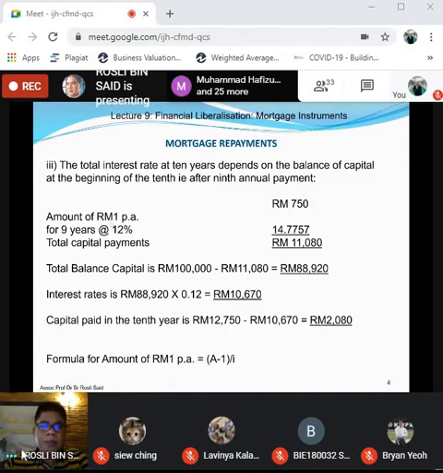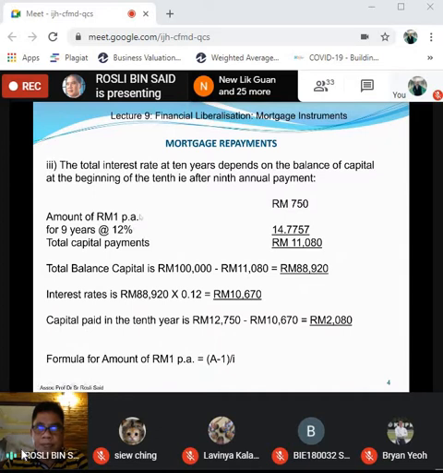So we use the formula of the amount of 1 ringgit per annum here. This is the year's purchase. The amount of 1 ringgit per annum formula is (A minus 1) divided by I, where A is (1 plus I) to the power of n, minus 1, divided by I. So we should be able to get the amount of 1 ringgit per annum.